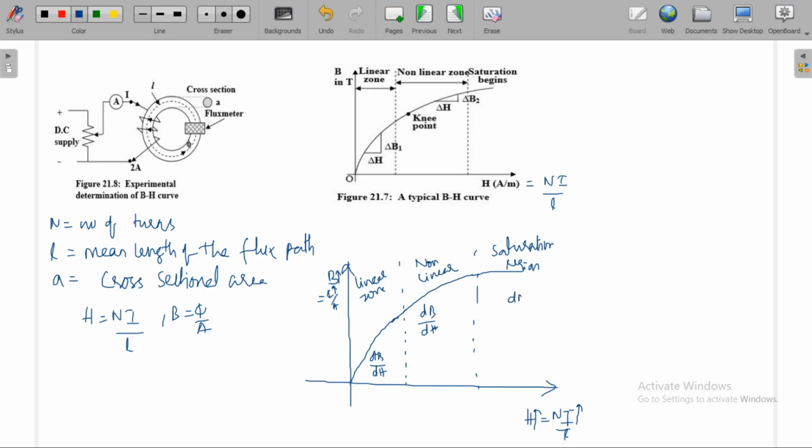In the last region, dB by dH, the rate of change in flux density with respect to magnetic intensity, is very less.